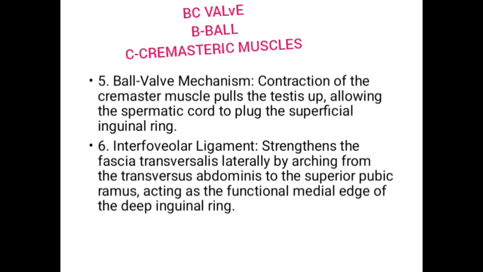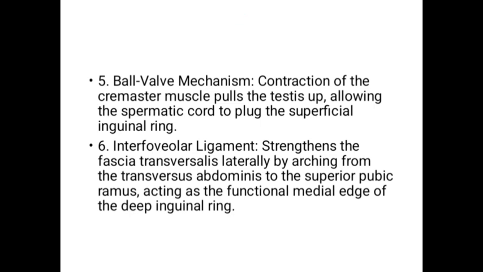The contraction of the cremaster muscle pulls the testis up, allowing the spermatic cord to block the superficial inguinal ring. That's the mechanism. The next mechanism is the interfoveolar ligament. This strengthens the fascia transversalis laterally by extending from the transversus abdominis to the superior pubic ramus, acting as a functional medial edge of the deep inguinal ring.